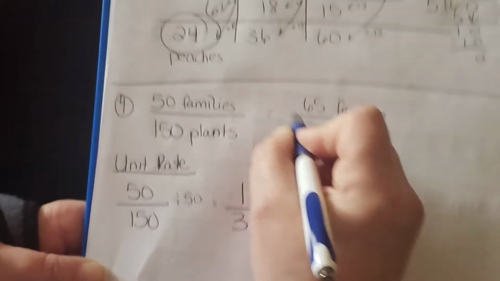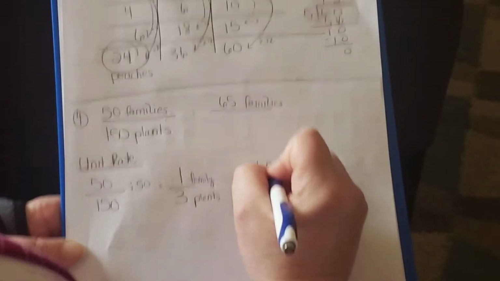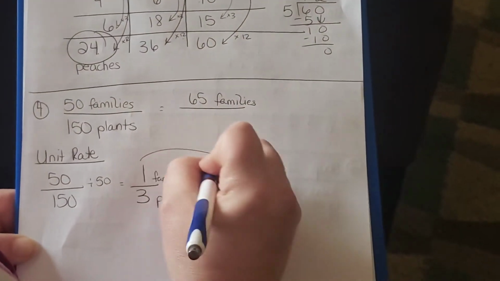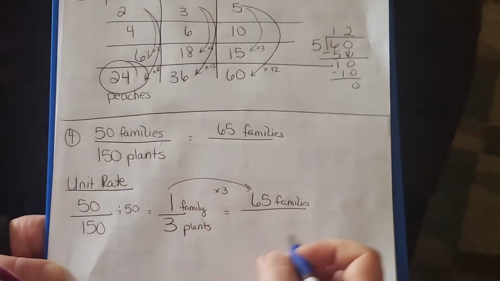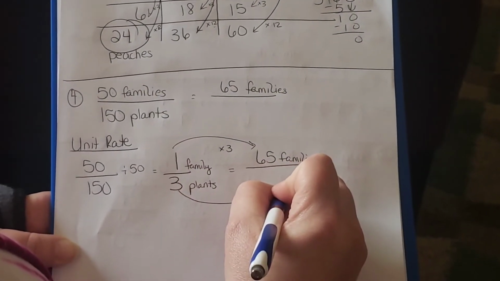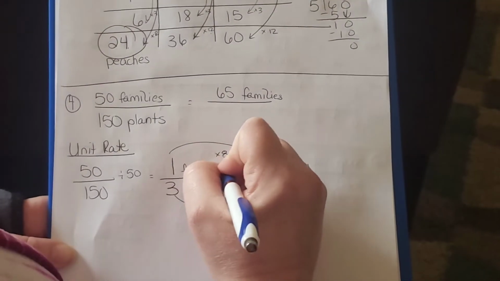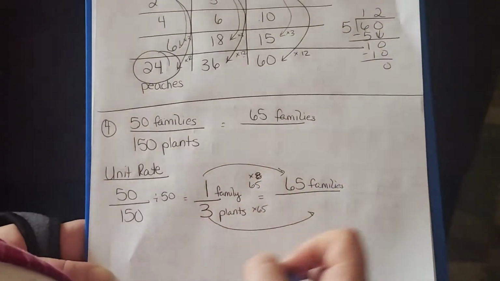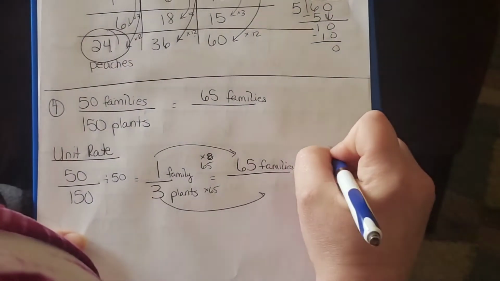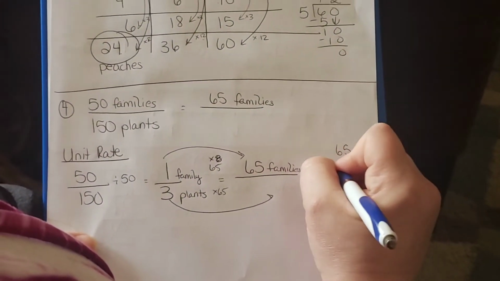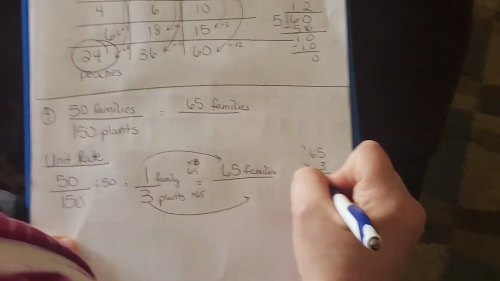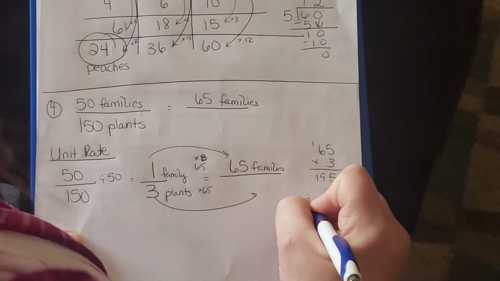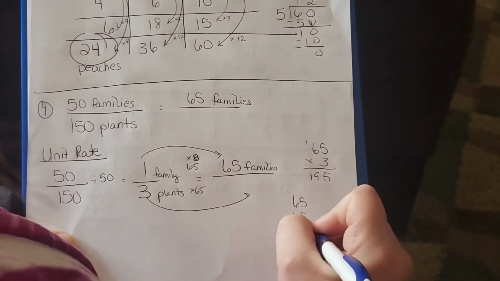So now, if I want to jump to 65, I would just need to times by 3, or times by 65. If you don't like multiplication, some of us can easily do that, or some of us prefer to just add 65 3 times.